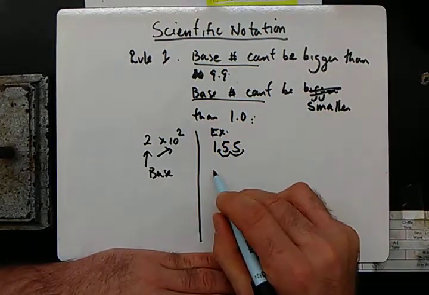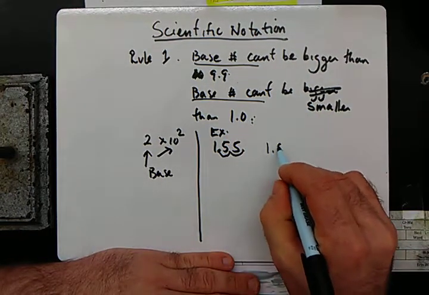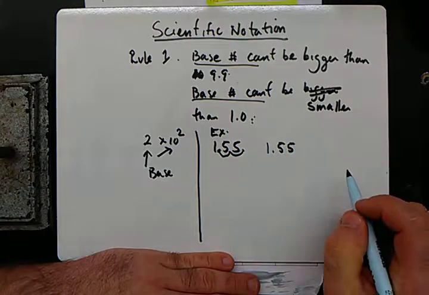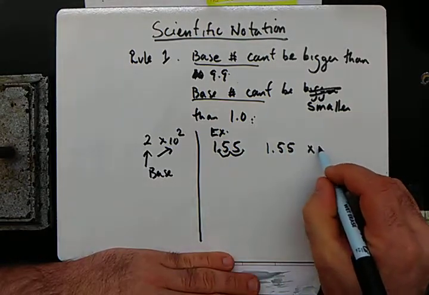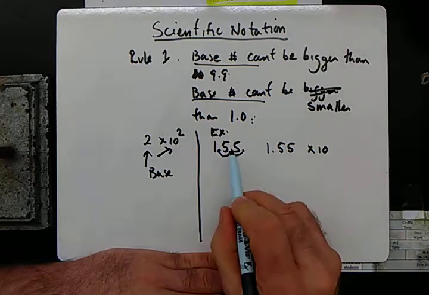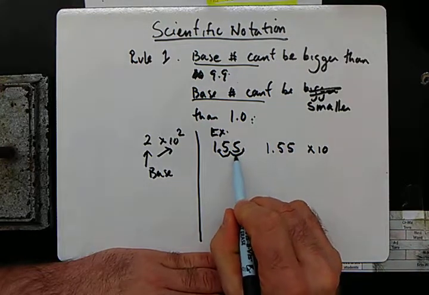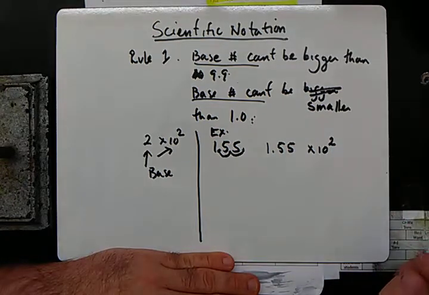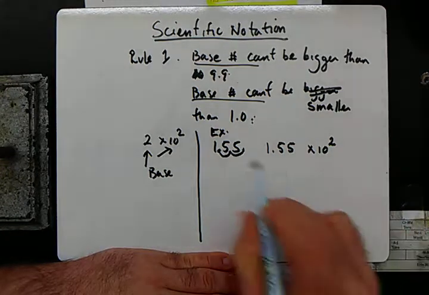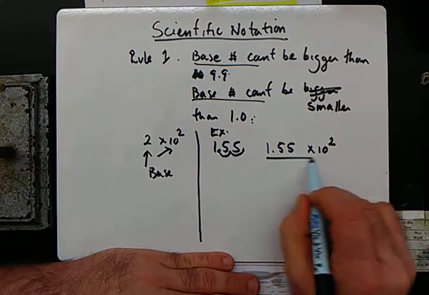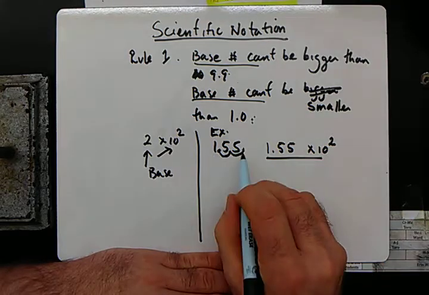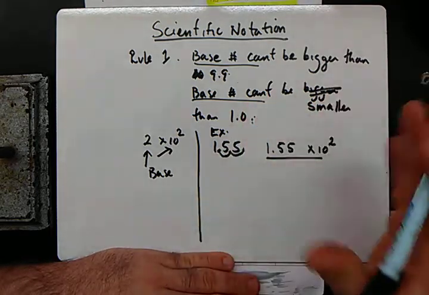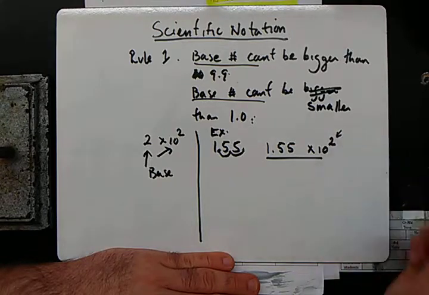So our base number is 1.55. And then our exponent tells us that we moved it over 2 spots, so it's times 10 to the second. Pretty easy, right? So 1.55 times 10 to the second. And that's for a large number. And we can go with really large numbers and just have this number get larger and larger.